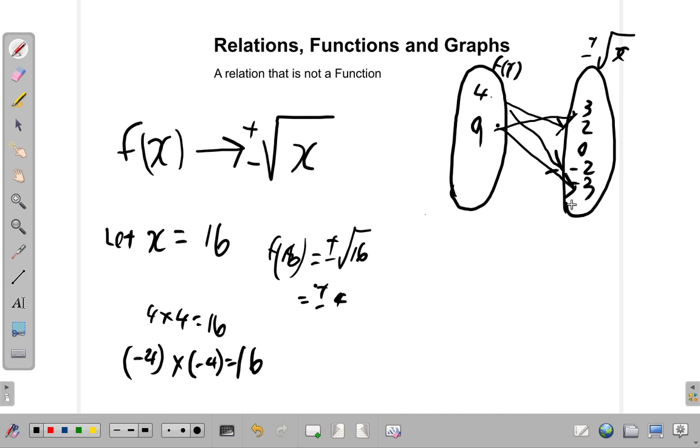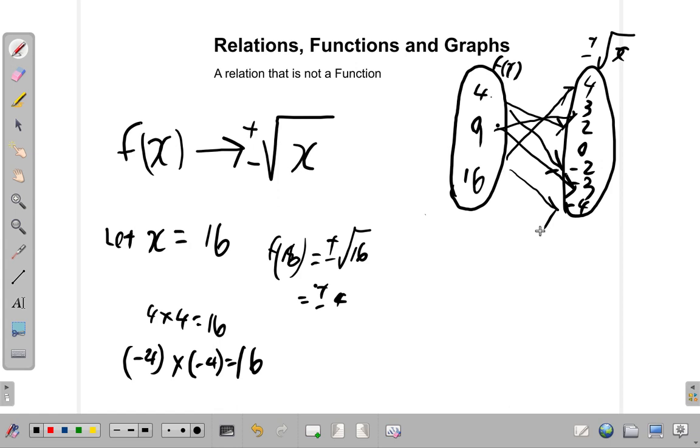So we can put our negative 4 down here and our positive 4 down here. When we put 16 in the domain, find the square root of it to get the range. 16 is mapped onto 4, and 16 is also mapped onto negative 4.